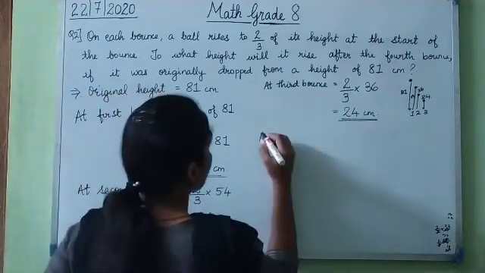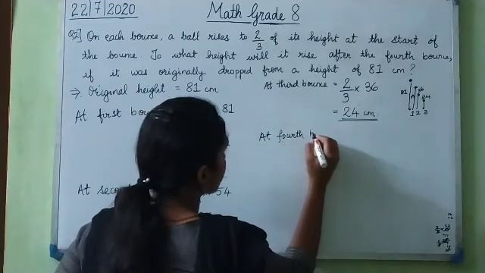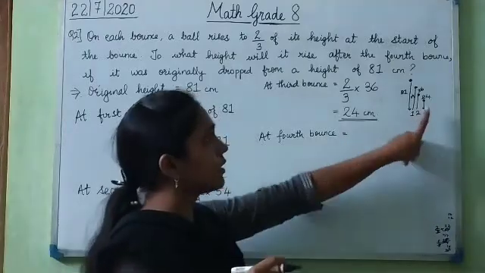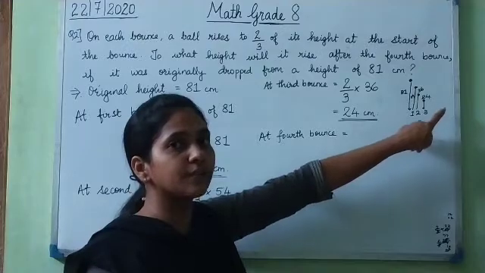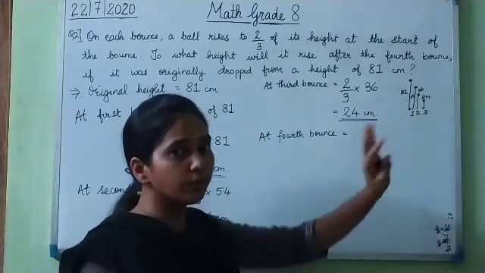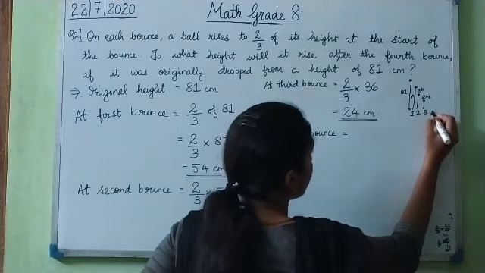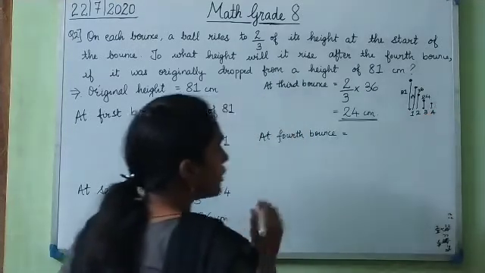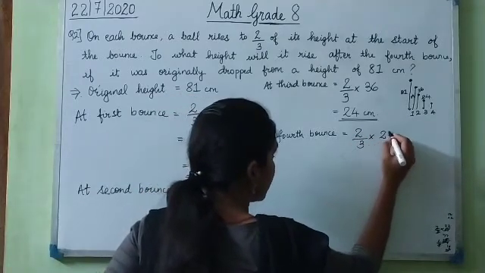So at the fourth bounce, 24 is the height. After the fourth bounce, it will rise to a height of 2/3 of 24. If it is falling for the fourth time, it will rise somewhat less than 24, that is 2/3 of 24.